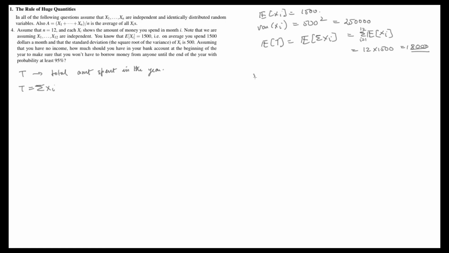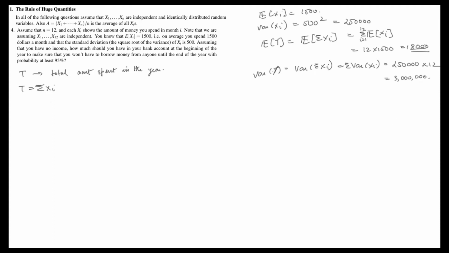Variance of t is equal to variance of sigma xi. And since all the xi's are independent, this is just equal to sigma variance of xi. And just as before, this is equal to 250,000 times 12, which is 3 million. I'm going to put the commas so you don't get confused with the number of zeros.